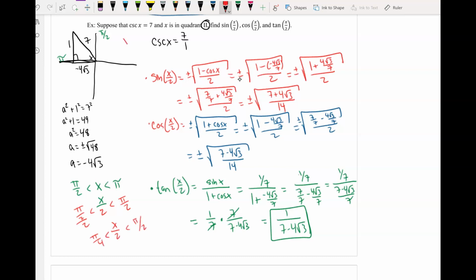So x over 2 is in quadrant 1. And in quadrant 1, all of them are positive, which means that all of these guys are also going to be positive. So this is a positive, and this one's also a positive. That's how you would figure out those sign changes, and also how you would find out the angle itself.